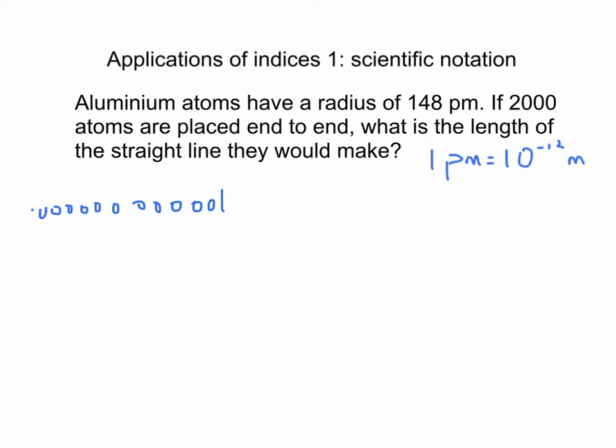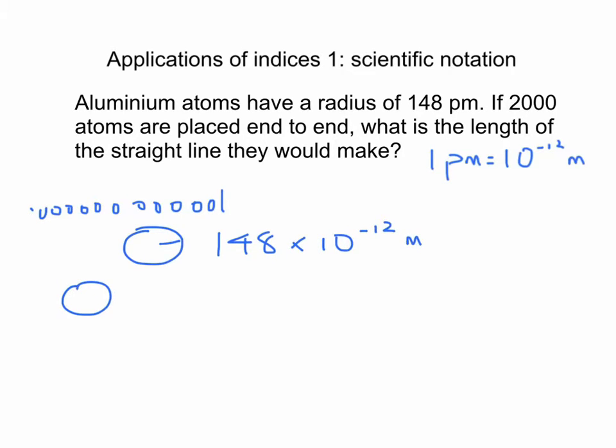So that negative 12 means that I had to hop 12 spots from the decimal point. 1, 2, 3, 4, 5, 6, 7, 8, 9, 10, 11, 12. Yep. So instead of working with really tiny numbers, we use scientific notation. So the aluminium atom has 148 times 10 to the minus 12 meters of radius.